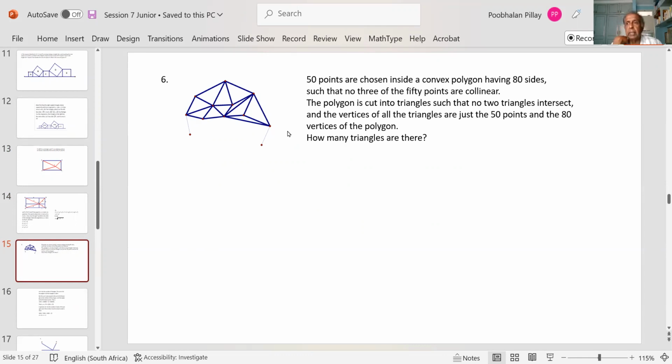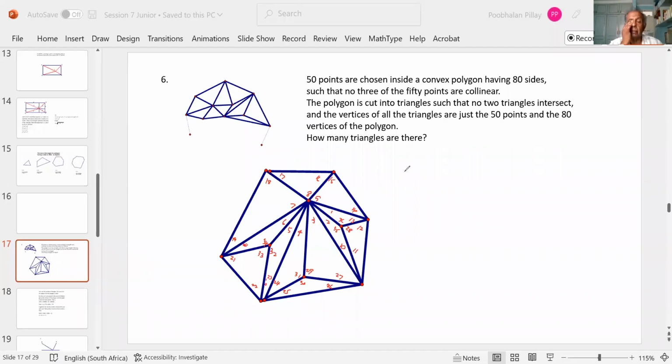So let me pause here and tell you a little bit more about polygons. So before we proceed with this problem, let's just say something about polygons.